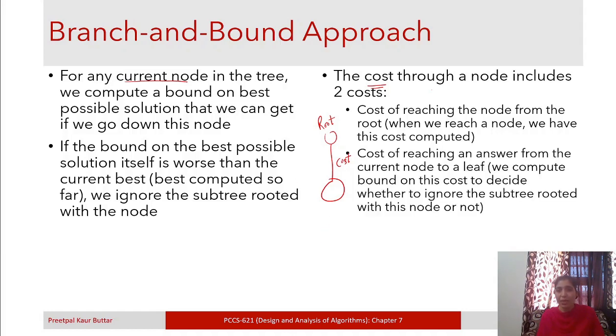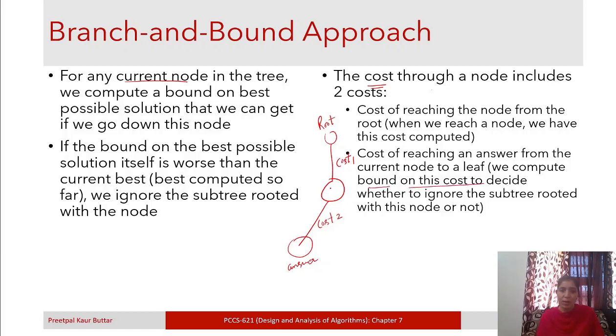And the second cost is the cost of reaching an answer from the current node. Suppose this is cost 1, this is cost 2, and this is our answer. We compute a bound on this cost.